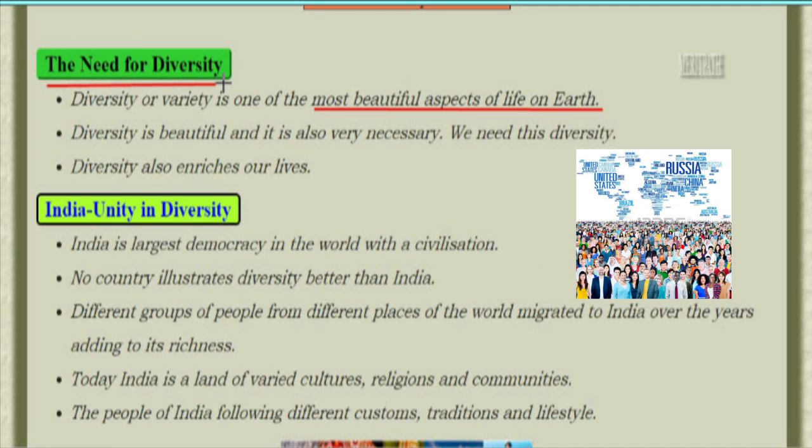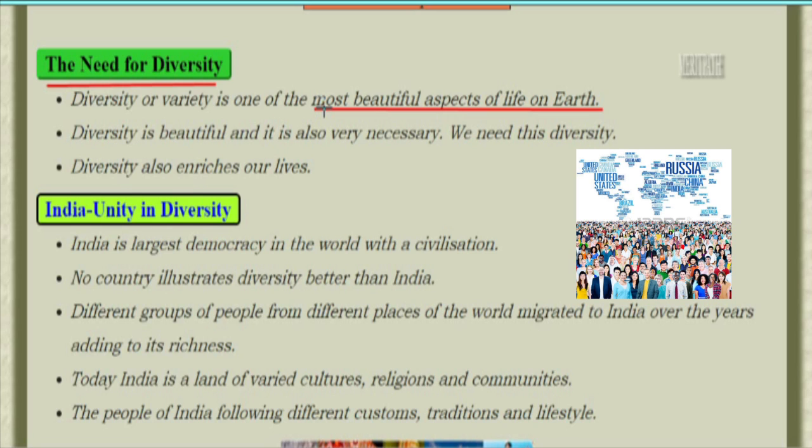Next, let's see what is the need for diversity, why there should be differences among people, why shouldn't people look similar. Diversity is one of the most beautiful life aspects on the earth. If everybody looked similar, then nothing would be special, right? Because people are different from each other, wearing different types of clothes, different colors, it makes life beautiful.